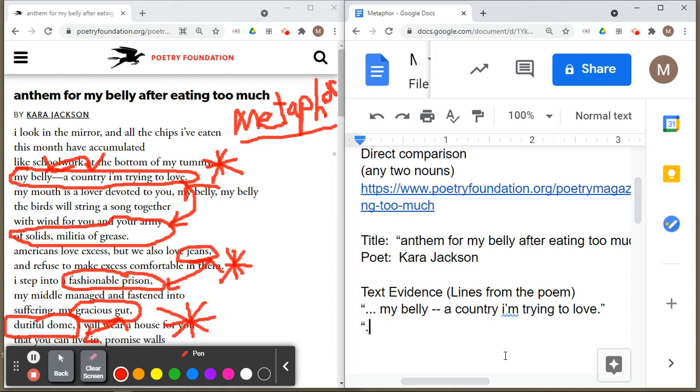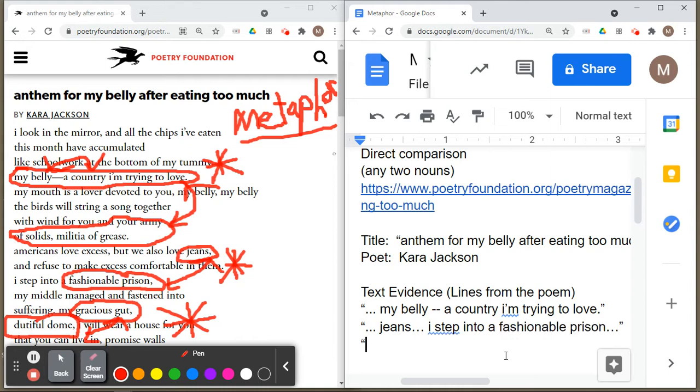I am going to let go of solids, militia of Greece, and instead I'm going to go to jeans. And refuse to make excess comfortable in them. I step into a fashionable prison.